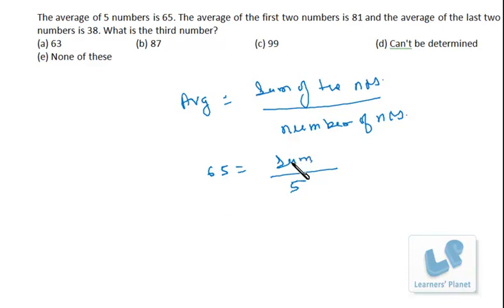Now suppose the 5 numbers are A plus B plus C plus D plus E, that will be 65 into 5, right? Now the average of first 2 numbers is 81 and average of last 2 numbers is 38.